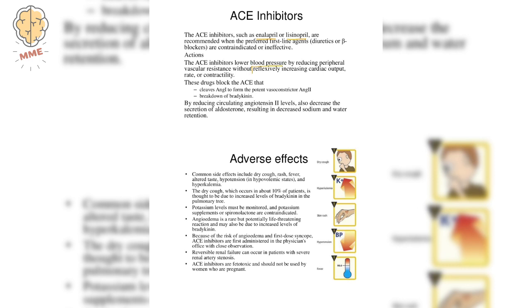That is a very important thing, that it doesn't cause reflex tachycardia or increased contractility. These drugs block the ACE that cleaves angiotensin 1 to form the potent vasoconstrictor angiotensin 2, and they block the breakdown of bradykinin. These are the two ways which I have earlier discussed. We should always remember them among the mechanisms.